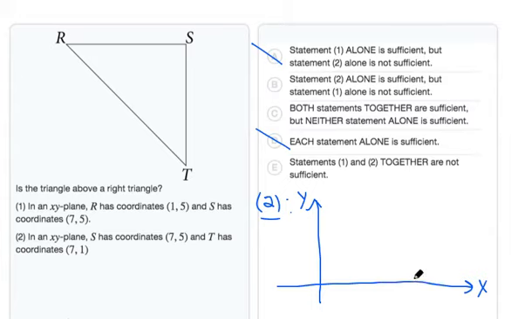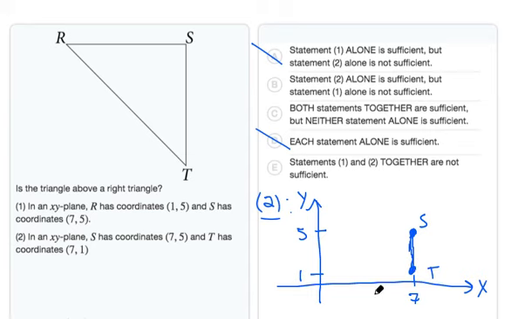Here we have that S is 7, 5, and T has coordinates 7, 1. In a similar manner as last time, but flipped, we know that this vertical line is straight up and down because the points have the same x coordinate.